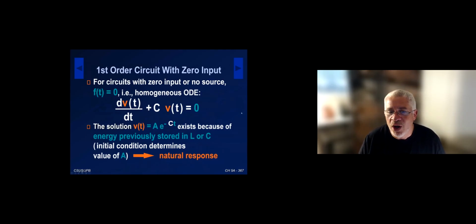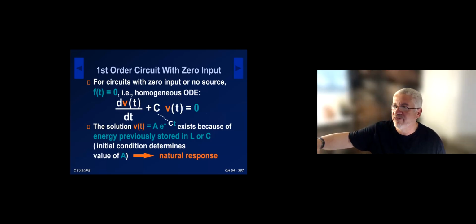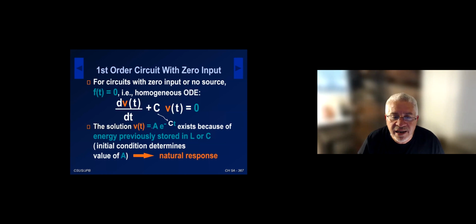The solution is a constant A times e to the minus ct, and that's the same c that you find in the differential equation. So we're looking at an exponentially dying function, and this constant A is the initial condition on the voltage. We say V at some time t0, for example, is equal to some value, and that will be the value A.